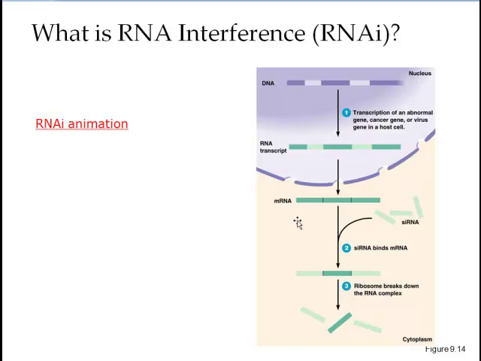So again, something real new is RNAi, and I'm going to put this RNAi animation on your website too, so you can get familiar with that. RNAi has been used a lot for the Human Genome Project. So there are a lot of animations that I'm going to make sure that you have in your weekly assignments to look at.